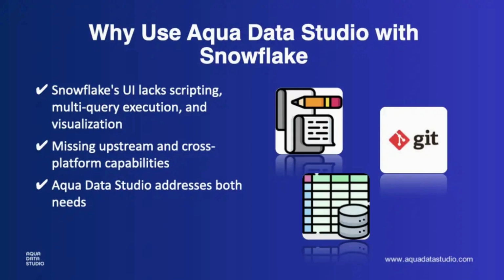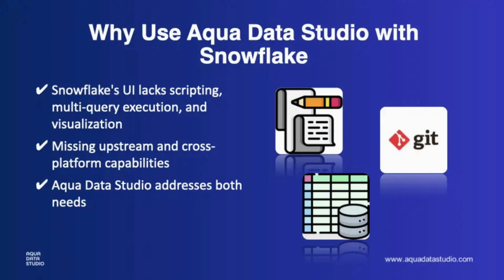So why use Aqua Data Studio with Snowflake? When you're using Snowflake regularly, two essential needs quickly arise. First is Snowflake's native interface is too limited for advanced developers. There's no script management. There's no results comparison. There's no integrated visualizations.